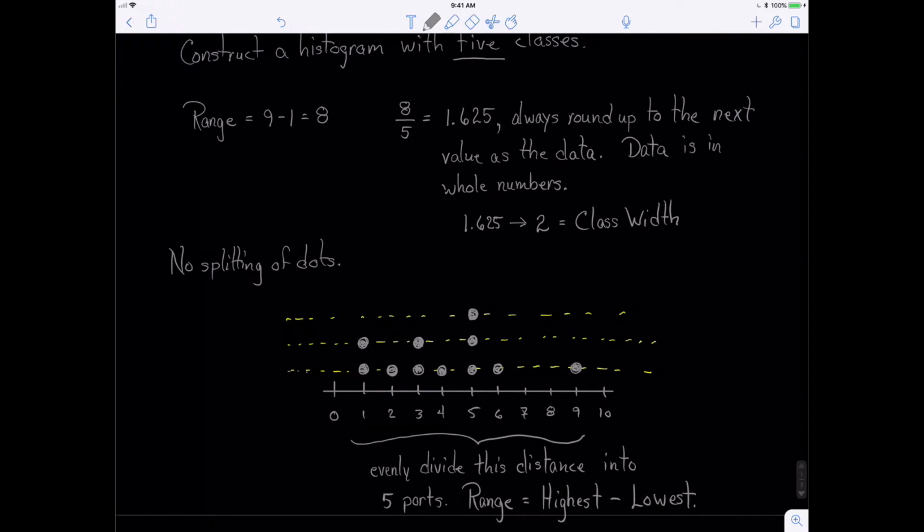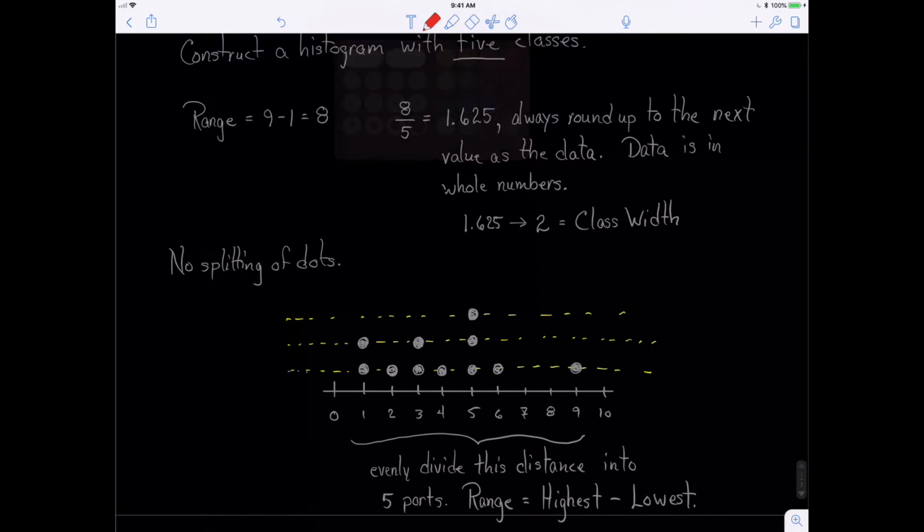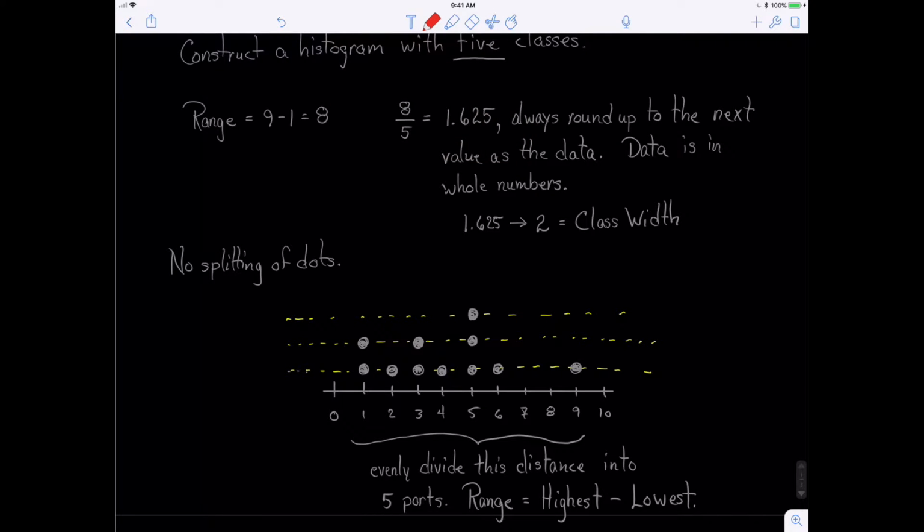Now, I'm going to do this in red, because this is not what you want to do, but so that we can see why. For example, if I started my first divider at 1, that would split those 2 dots. And then my next divider would go to 3, and that would split those 2 dots. But we don't want to do that.